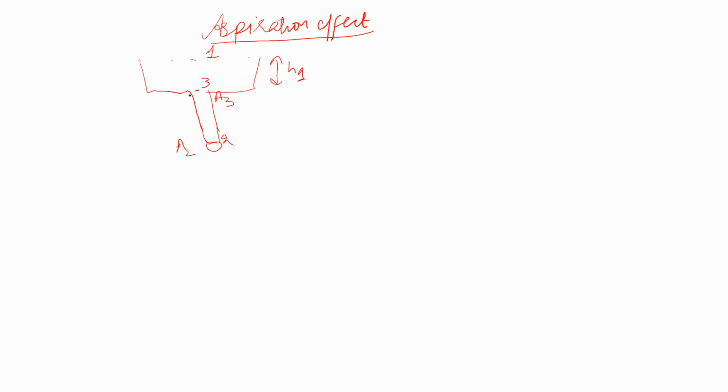See, if I use this sprue as a straight sprue, it means the cross-sectional area at each and every point is the same. If I use such a sprue, then the pressure at point 3, P3, will be less than 0.